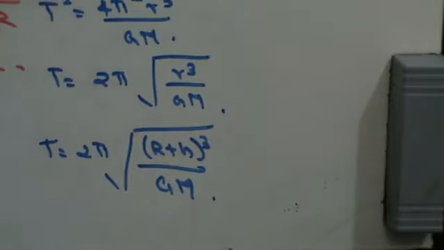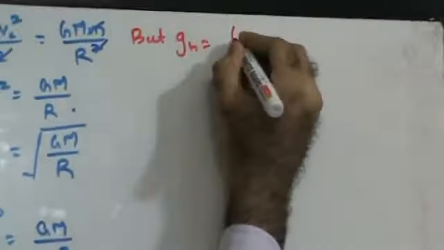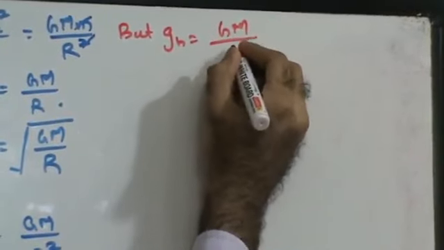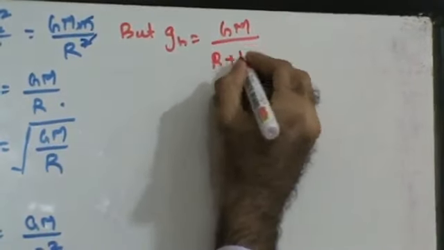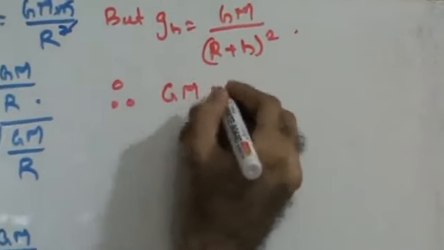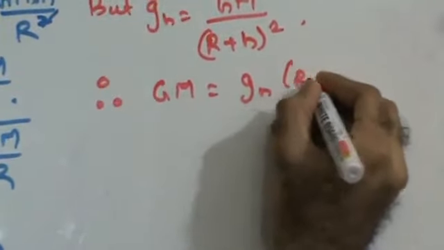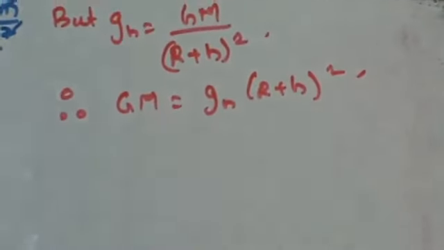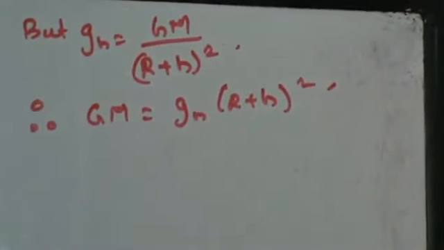But g_h is nothing but GM upon (r plus h) the whole square. Therefore GM is g_h into (r plus h) the whole square. Substitute this value of GM.